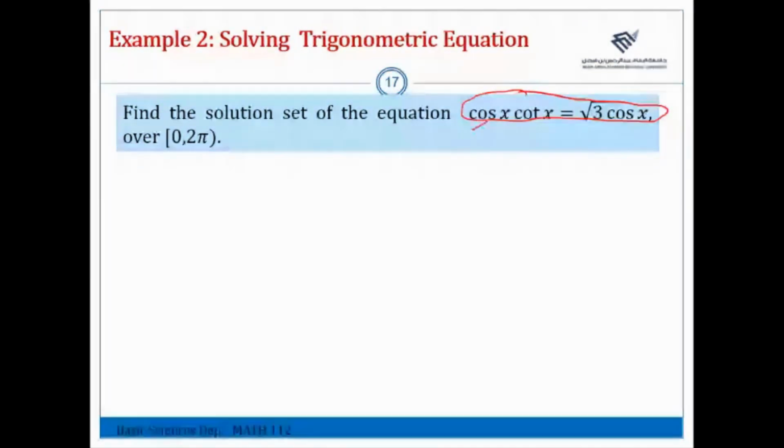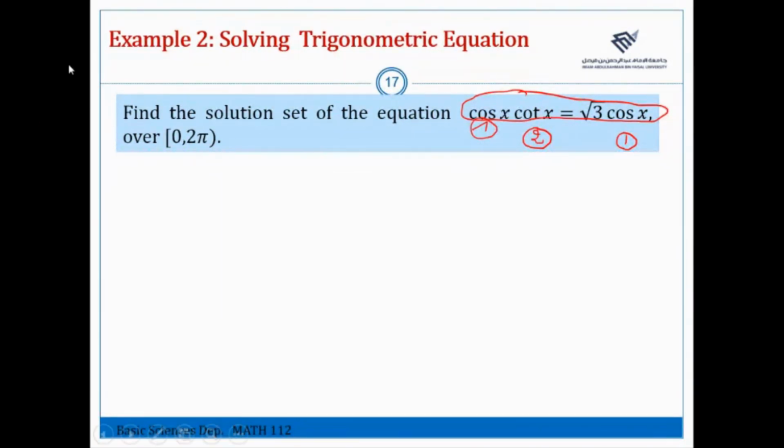Here we have cosine, this is the first function, and cotan, the second trigonometric function. So it's an equation with two different trigonometric functions, okay? And all terms are degree 1. So the question, how can we solve this type of equation?